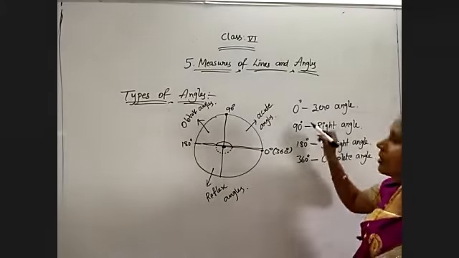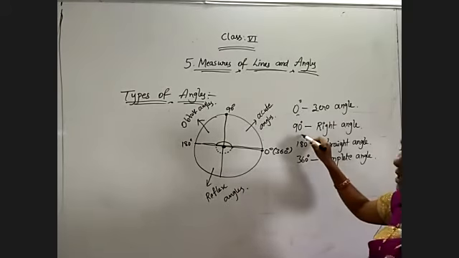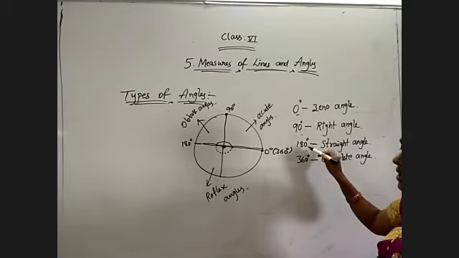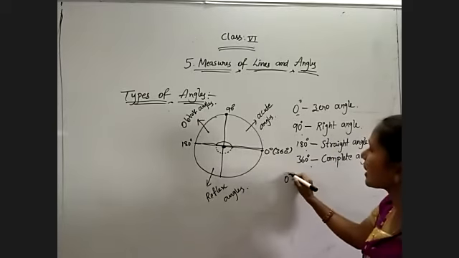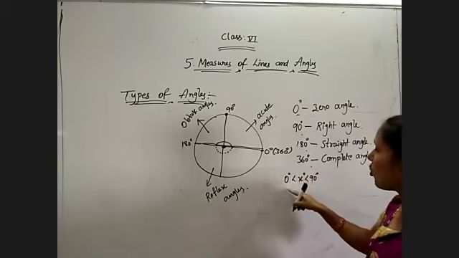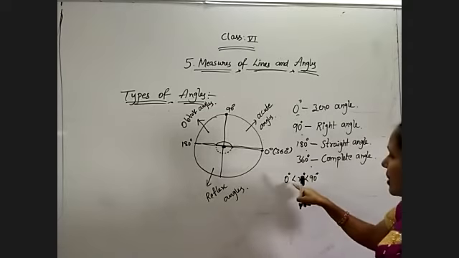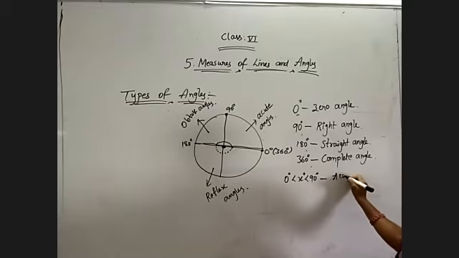So just observe, 0 has a particular name, 90 degrees has a particular name, 180 degrees has a particular name, and 360 also. But the angles which are less than 90 degrees, meaning more than 0 and less than 90, that means 1 to 89, every number is known as an acute angle.